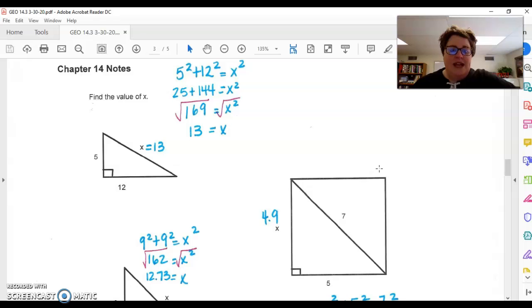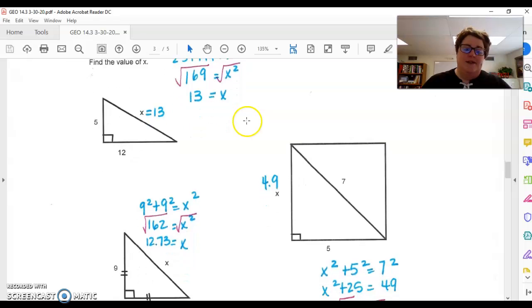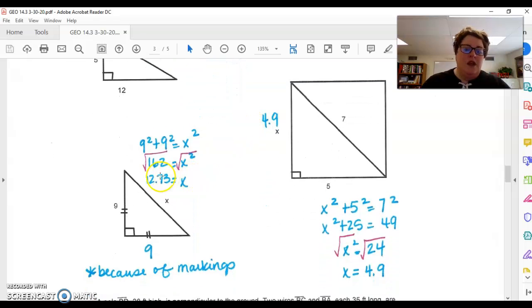Okay, the next three are just given pictures, finding the values of your right triangle. Here I'm looking for the hypotenuse, so that should be my c squared right here. Remember, to get just c by itself, I want to take the square root of both sides. On the one on the left, the marking given is 9, but you're also given that these two sides are congruent based on the two tick marks, and that means that this is an isosceles right triangle.